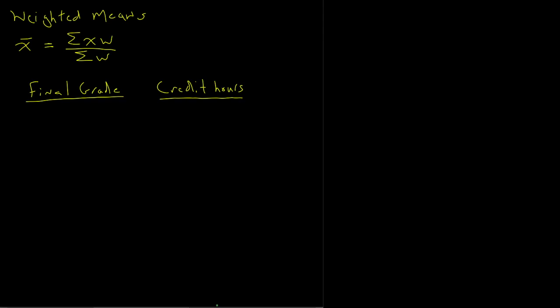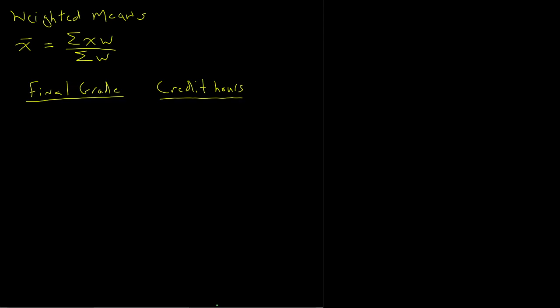And so what we want to do is we want to have those weights have meaning. So what we want to do is we want to look up what the grade points are and weight them.